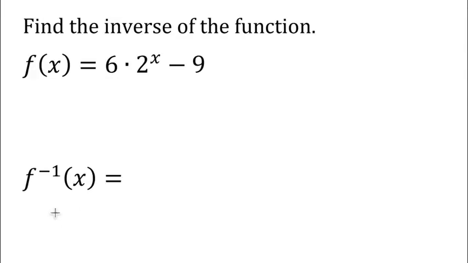So now we're going to find the inverse of the function f of x equals 6 times 2 to the power of x minus 9. We can also write this function as y equals. And now we're ready to find the inverse by swapping the x and the y.